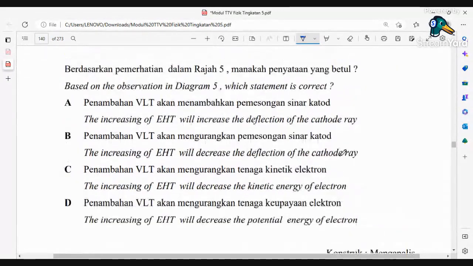Which one is correct? Increasing of EHT will increase deflection of the cathode ray, or increasing of EHT will decrease deflection.